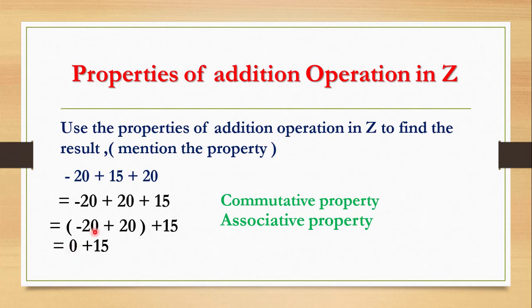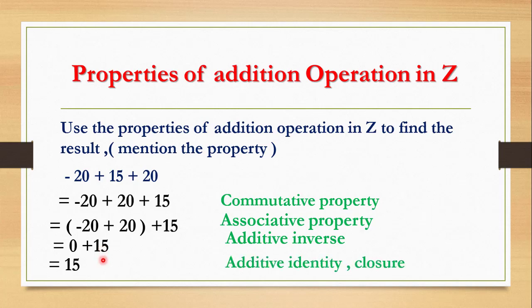This is the additive inverse. Negative 20 is the additive inverse of 20, so the result is 0. Now 0 plus 15 equals 15, and this is the additive identity. Also we have closure because 15 belongs to Z.